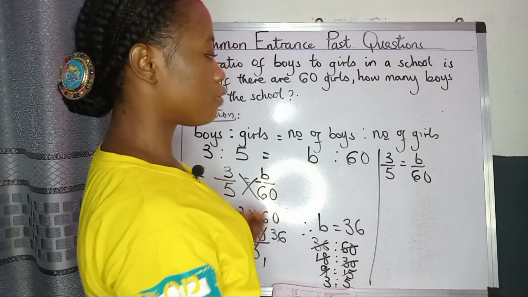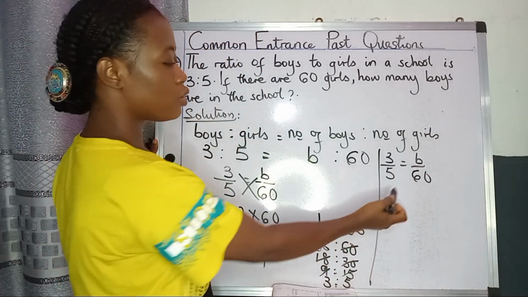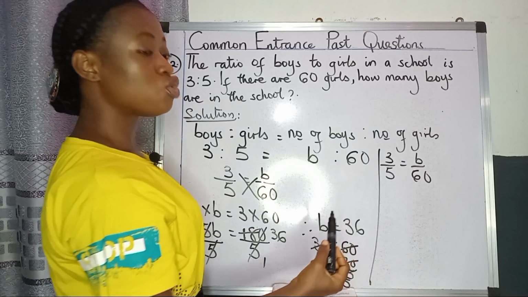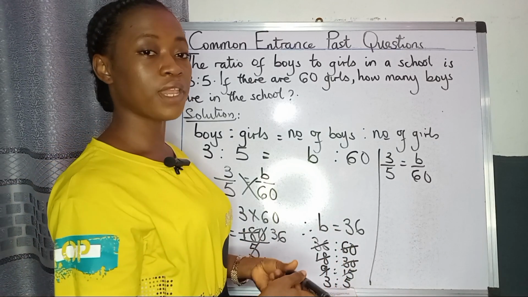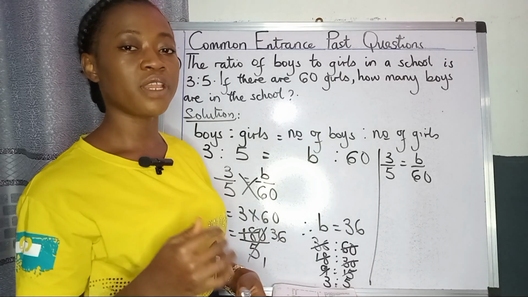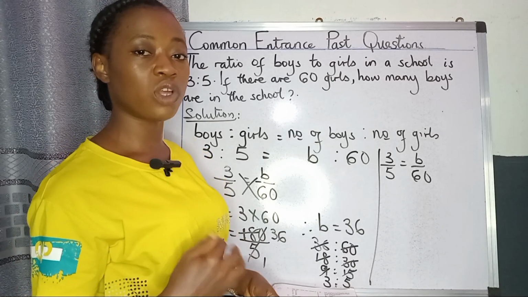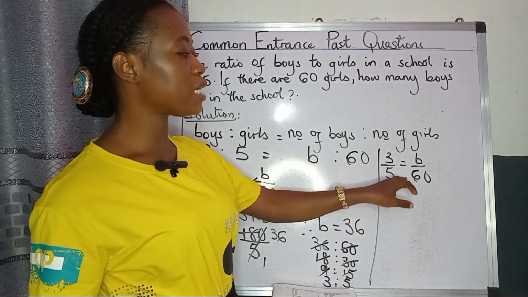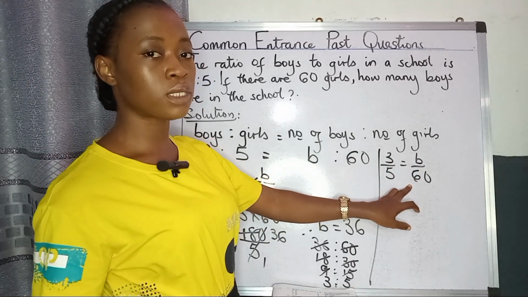So another method of getting the value of B, which stands for the number of boys, is to use your knowledge of equivalent fractions. Equivalent fractions are fractions that are equal in value. Now, 3 over 5 is equivalent to B over 60.